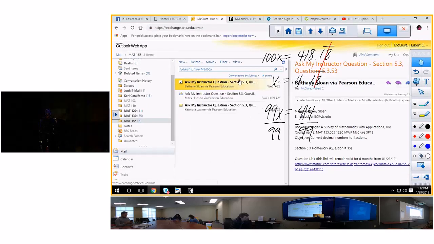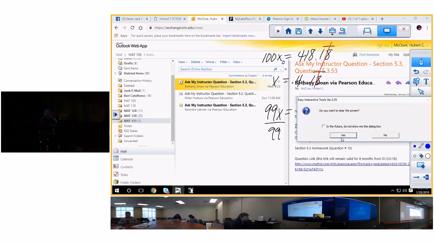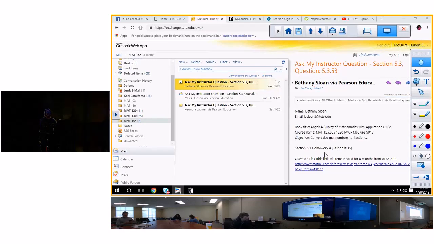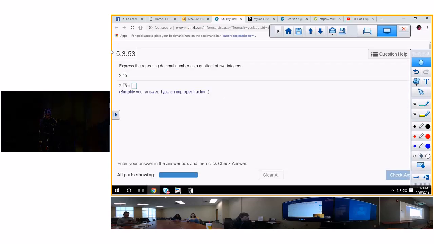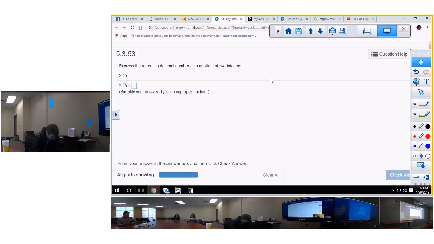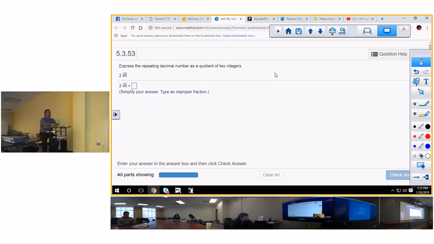Okay, let's try to get to another test question. This is 53. Is that the same one? Yep, multiply by 100. That's going to be 245.45 repeating. So 99x is equal to 245 minus 2, which would be 243.